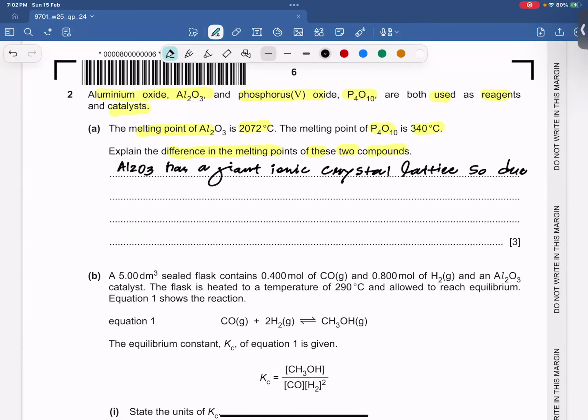So due to strong electrostatic attraction between ions, more energy is needed.